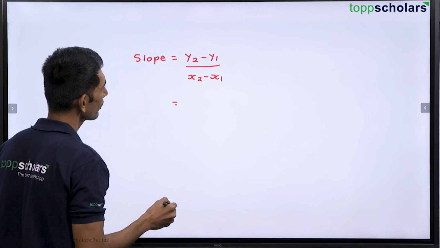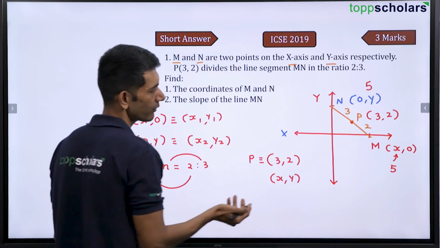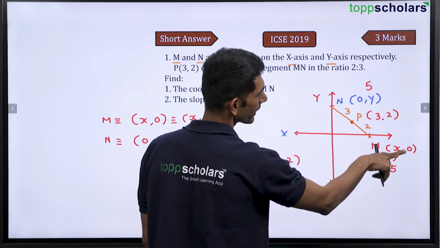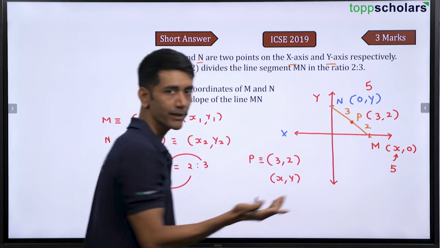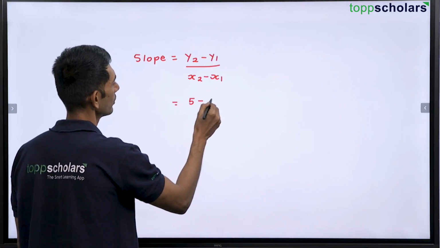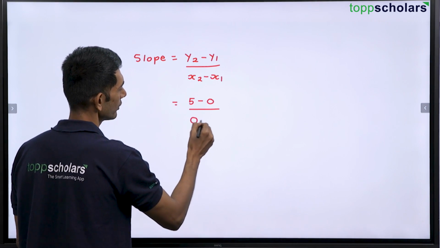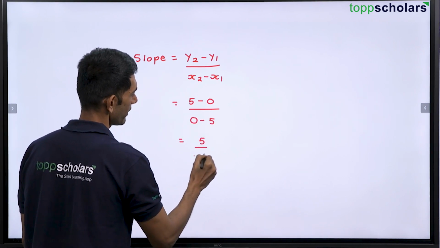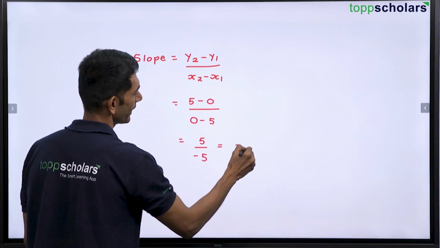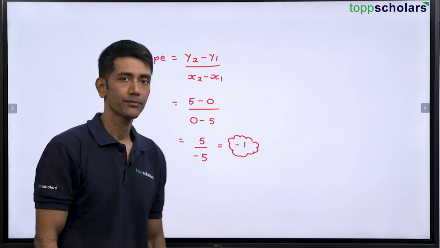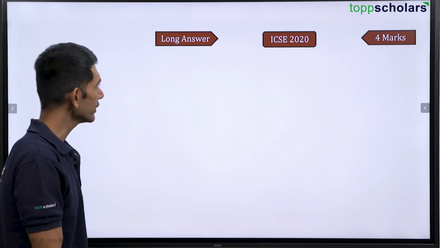Basically, if you see the figure here, y2 minus y1, that is 5 minus 0, x2 minus x1 is 0 minus 5, correct? So you get (5 minus 0) by (0 minus 5), that is equal to 5 divided by minus 5, and that gives you minus 1. So what is the slope? The slope of the line is minus 1. Easy? Okay. Let's have a look at a new question now.